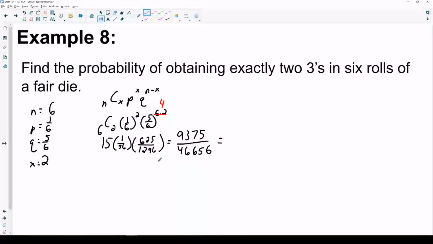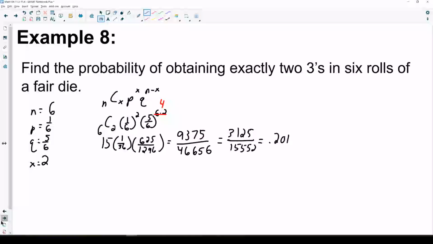This will then reduce down to 3,125 on the top over 15,552 on the bottom, which comes out to 0.201 or a roughly 20% chance.